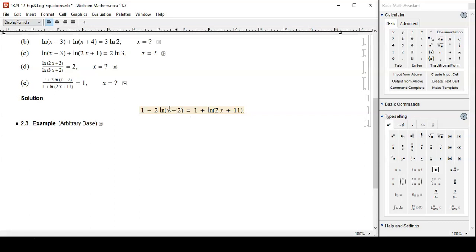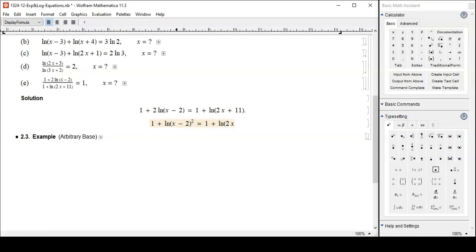Okay, and then we have to get this one straightened out: 1 plus log of x minus 2 squared equals 1 plus log of 2x plus 11. But then again, this 1 plus, that 1 plus, we don't need these. We can simplify those out. So that's what we have.